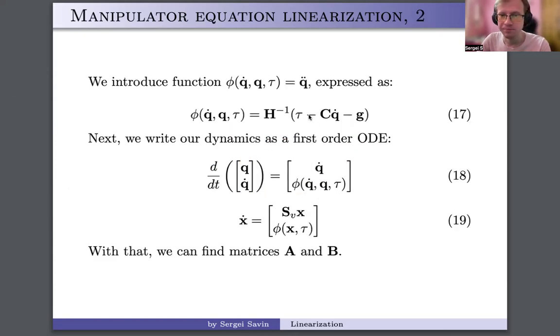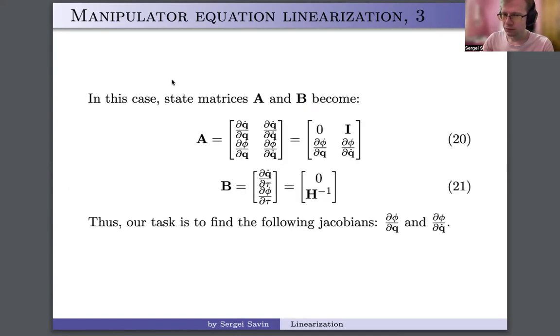This is how it looks. H does not depend on tau. So when you take the derivative with respect to tau, tau goes away, and you just get H inverse remaining. So in this case, you can find it without taking a derivative. And it is very nice. You don't want to take more derivatives than you have to. So in this case, it is quite simple.